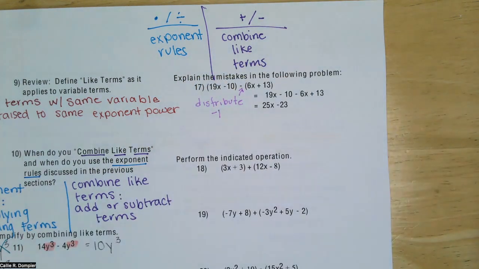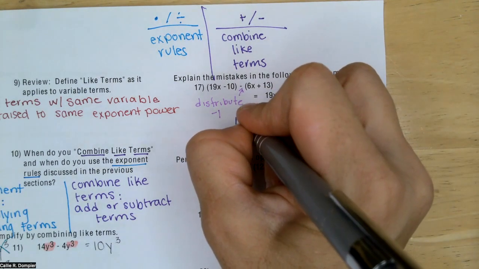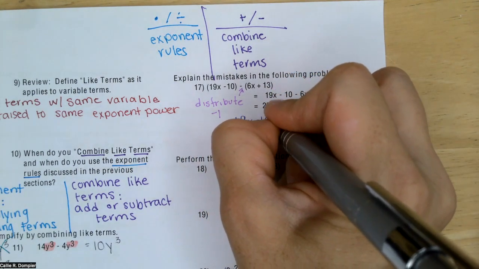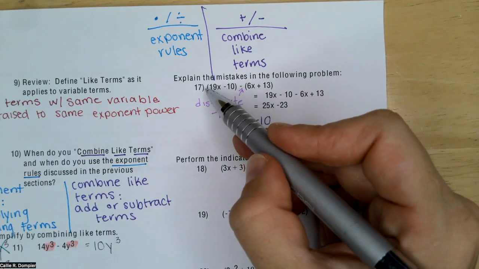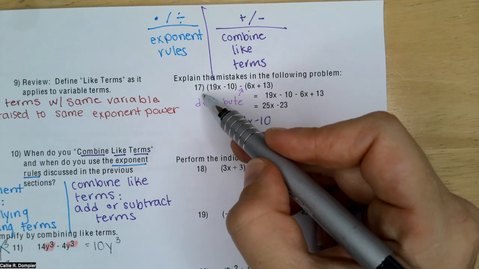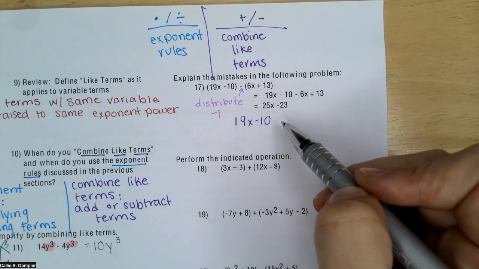You need to distribute the minus sign. I like to look at it as a -1. Okay, so I'm going to rewrite it so that we don't make the mistake of not distributing the -1. 19x minus 10 does not need parentheses because nothing is happening to the 19x minus 10. There's no minus in front of it. There's no 7 in front of it that would cause us to multiply it by the 7. There's just 19x minus 10.